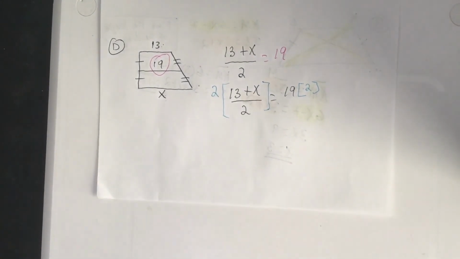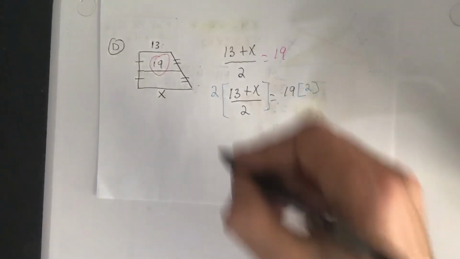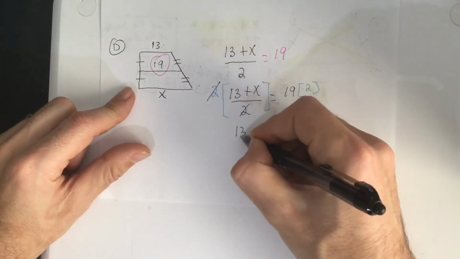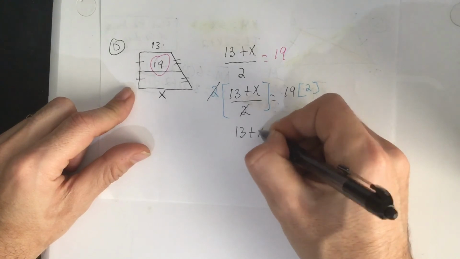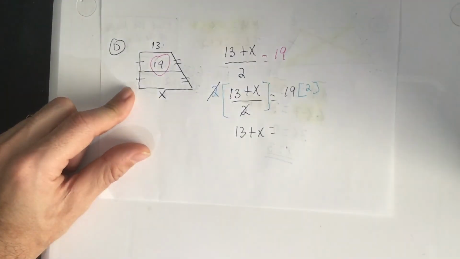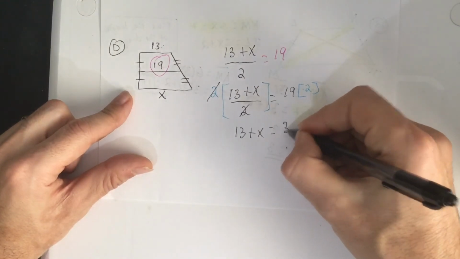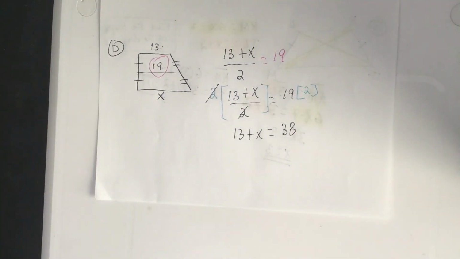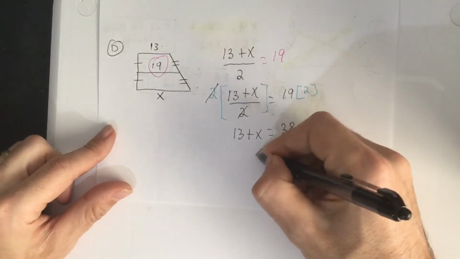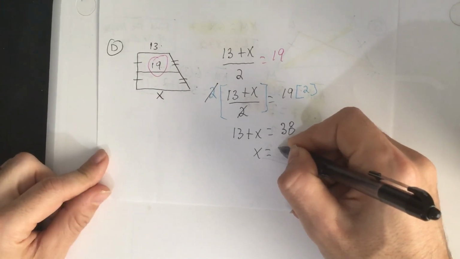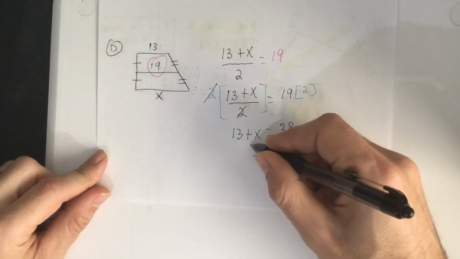And if you do that, 2 cancels out with 2, and now we got 13 plus x equals 19 times 2. That will be 38, right? And then we subtract 13 from both sides, and that should give you the answer, which in this case is going to be 25 units.